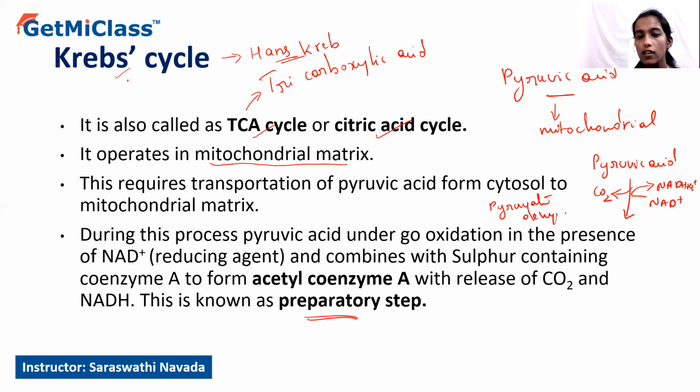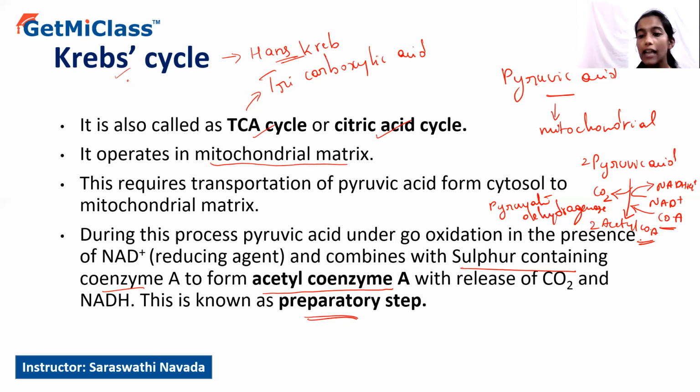Pyruvate dehydrogenase catalyzes this reaction, and in addition, the pyruvic acid, upon undergoing decarboxylation and dehydrogenation, binds with coenzyme A. Coenzyme A is a sulfur containing coenzyme, which combines with it and results in the formation of acetyl coenzyme A. For 2 molecules of pyruvic acid produced in glycolysis, 2 molecules of acetyl coenzyme A will be formed.